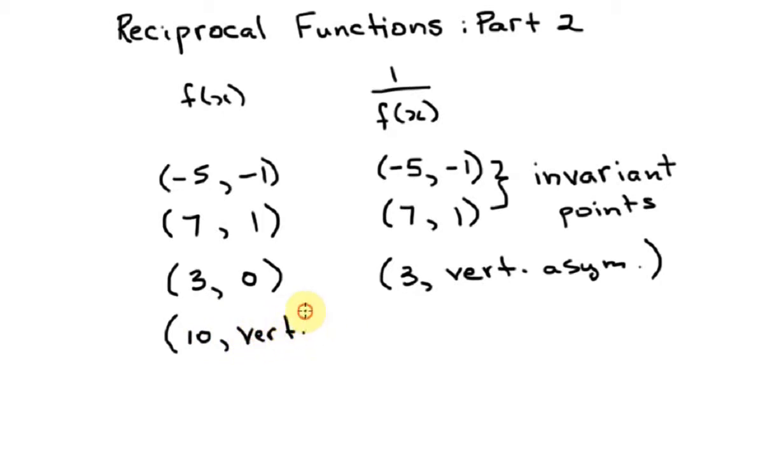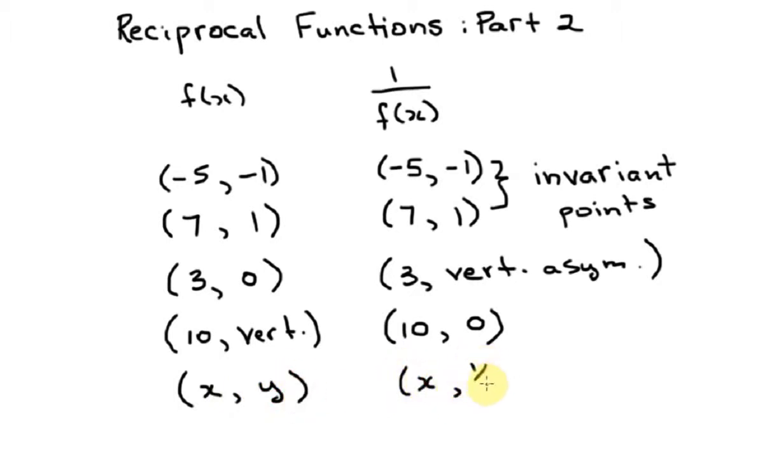What would happen over here is it would be kind of like going backwards, and the reciprocal of a vertical asymptote would turn out to be 0. So that's kind of showing you how these changes work. For all other points, whatever the x happens to be, you simply take the y value and you reciprocate it. So it becomes 1 over y. So that's kind of a summary of how these reciprocal functions work.